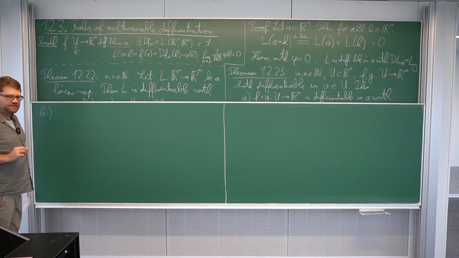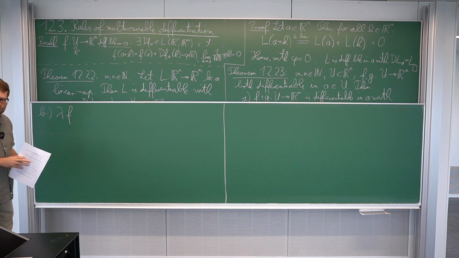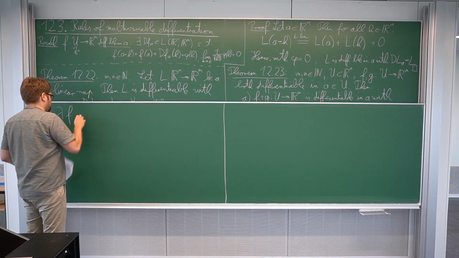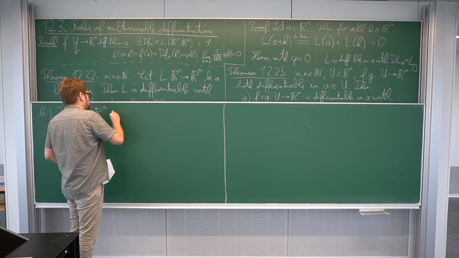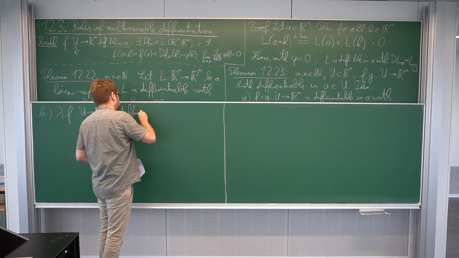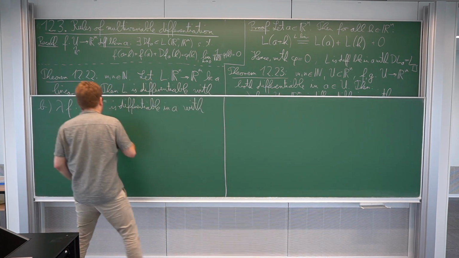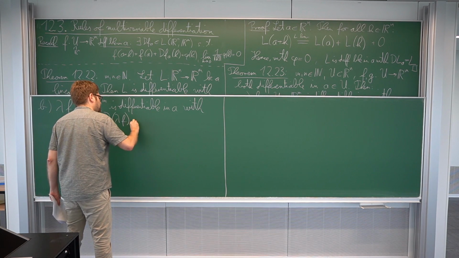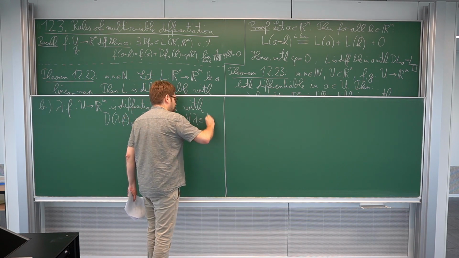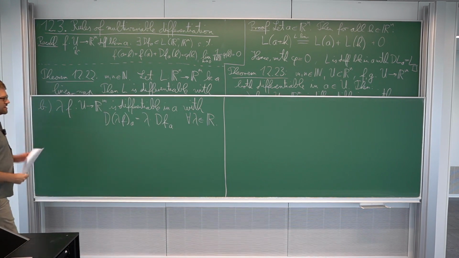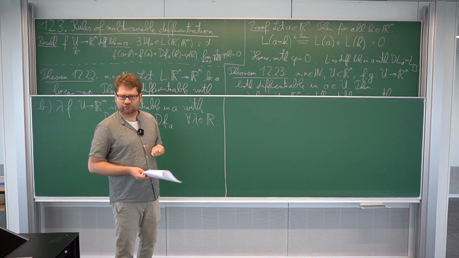And the second thing is then scalar multiplication. Namely, if we take just the map lambda f, so lambda times f, just multiplying with some constant number lambda, which is again a map from U to R^m, again by multiplying pointwise with the scalar, then this is differentiable in a, and the differential of lambda f in the point a is just lambda times the differential of f in the point a, and this holds true for all possible lambda in R. Before, in the one-dimensional setting, we know that multiplying with constants stays just the same under differentiation, so nothing happens.